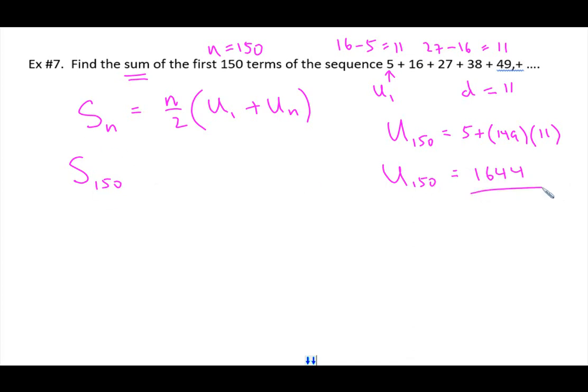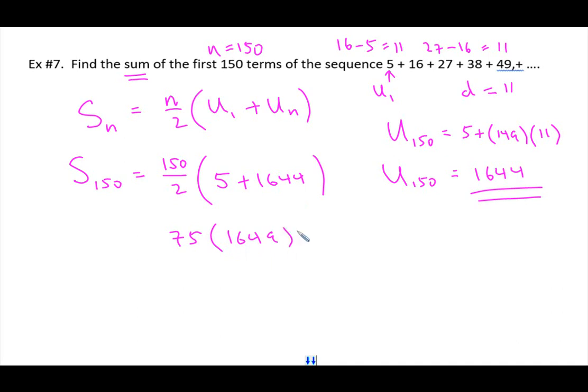So now that I know this, and I know the first term, I can plug everything into this formula to find the sum of the first 150 numbers. So the sum of the first 150 numbers is equal to 150 divided by 2 times the first term, which is 5, plus the last term, the 150th term, 1,644. And then you just work all this out. So this is going to be 75 times 1,649.